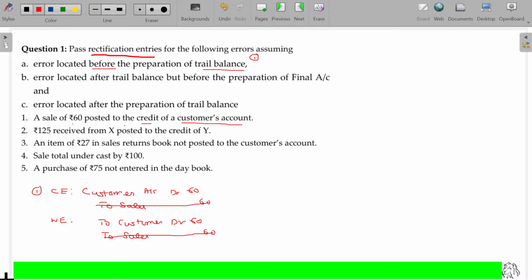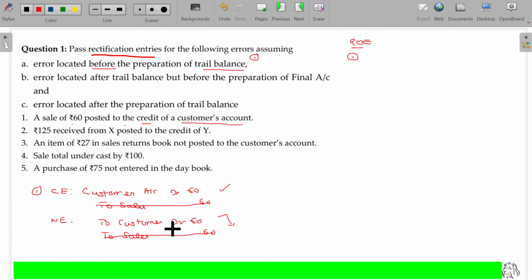Score out anything that seems to be the same in the correct entry as well as the wrong entry. You can now pass the remaining one only. Now you can pass the rectification entry for question number 1. Is that okay? The correct entry should be passed, the wrong entry should be reversed.